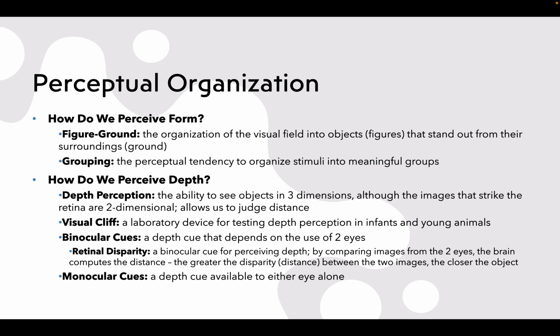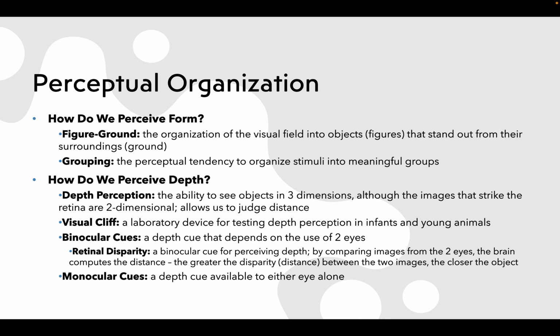It's when we group nearby figures together. There's continuity. We perceive smooth, continuous patterns rather than discontinuous ones. And then there's closure. We fill in the gaps to create a complete whole object instead of seeing a bunch of partial objects. On page 145 in figure 5.22, there are some really good images that show those 3 principles.